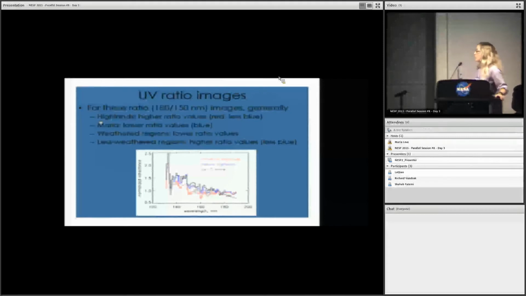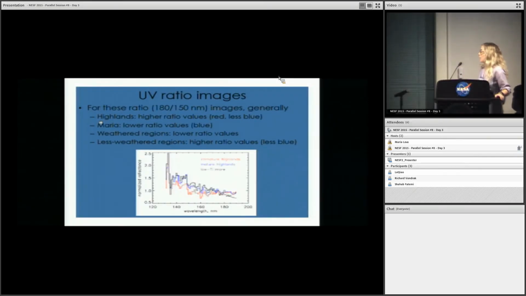These are some sample LAMP spectra. This is 120 to 200 nanometers. The colors are not really that obvious in this projector here, but what I'm showing you is a region of immature highlands, so it's a bright ray, mature highlands, and a Mare region.